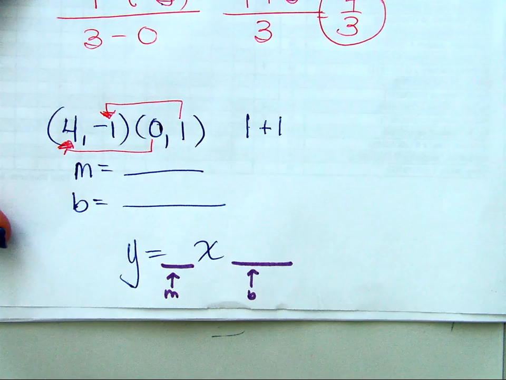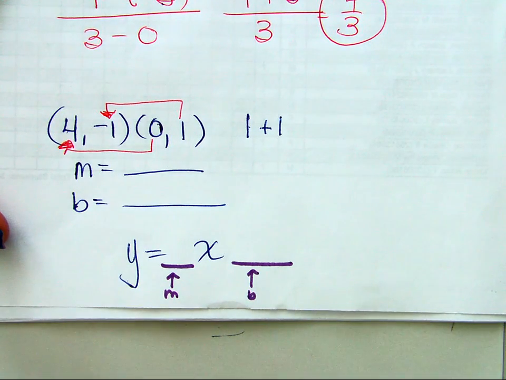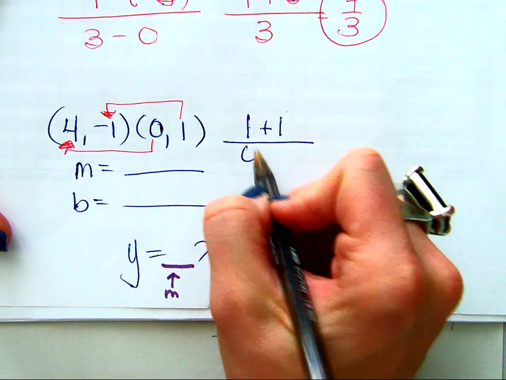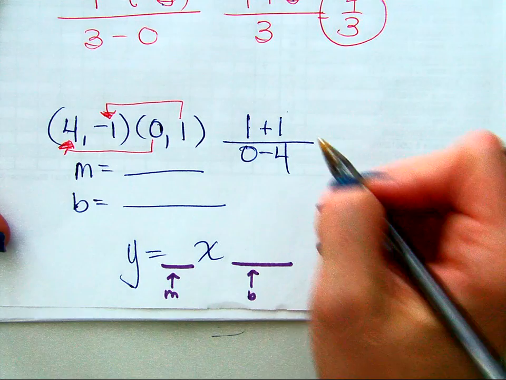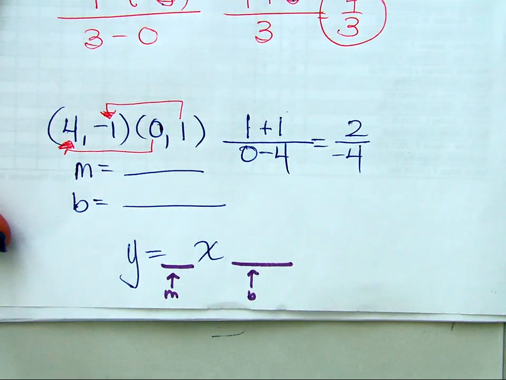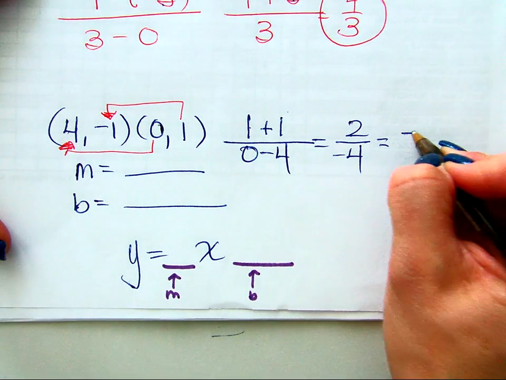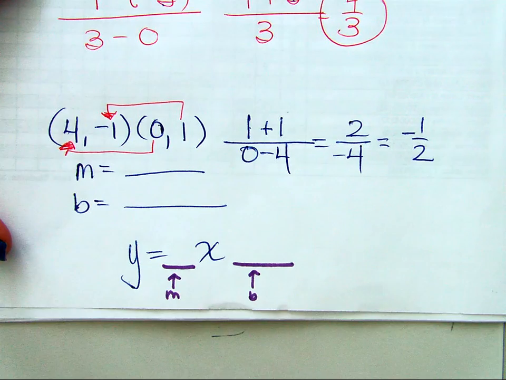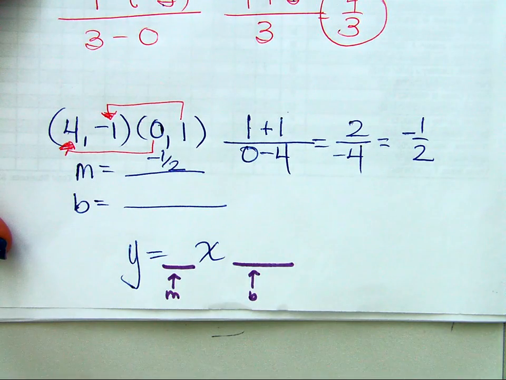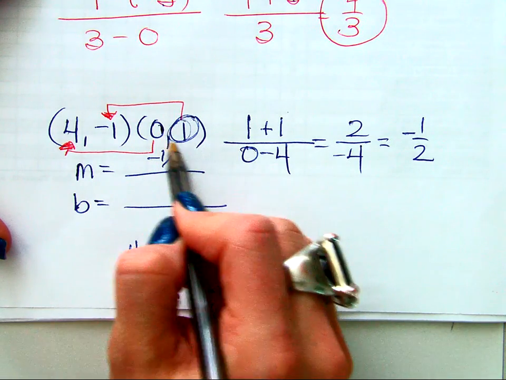So we have 1 minus -1, -1, 0, 1, which is really that, right? Over 0 minus 4, which is the same as 2 over -4, which is the same as what? -1/2, which is my slope.